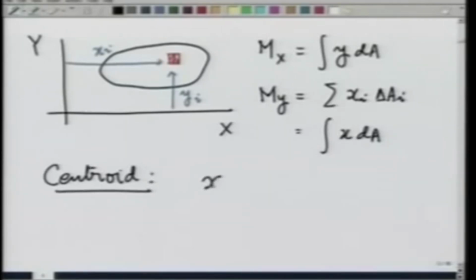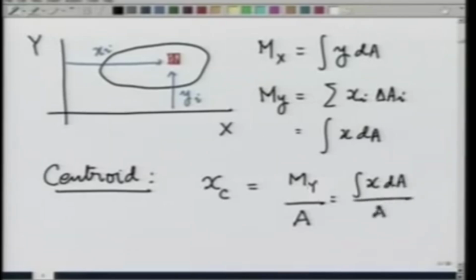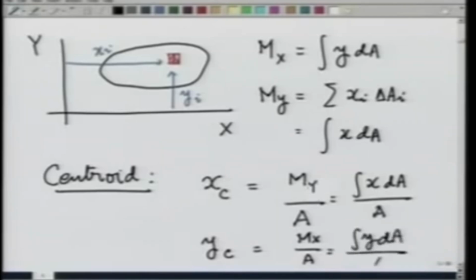The centroid x coordinate, xc, is defined as the first moment about the y axis divided by the total area, which is integral of x dA divided by A, and similarly the y coordinate is defined as Mx divided by A, which is integral of y dA divided by A. Now, let us do certain examples using these definitions to calculate these quantities.